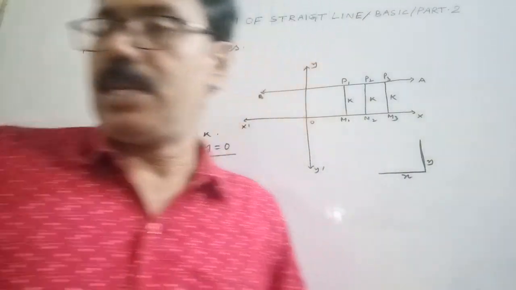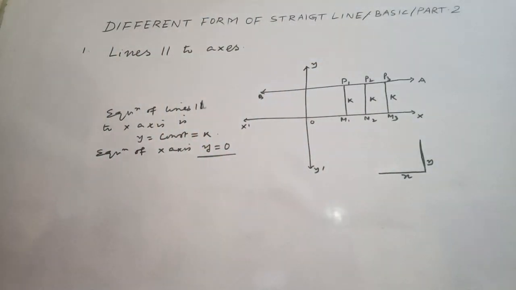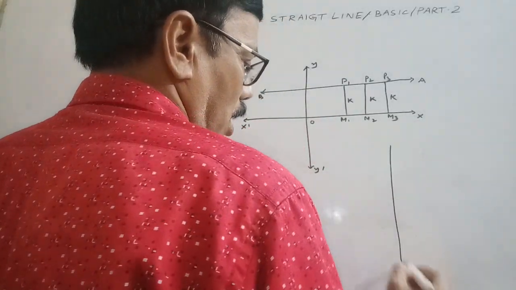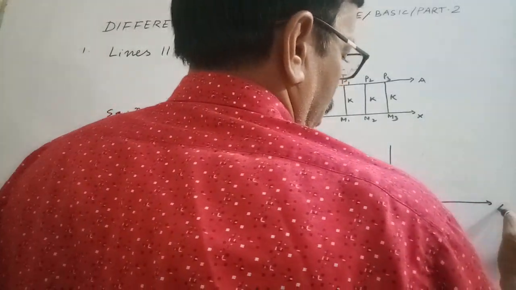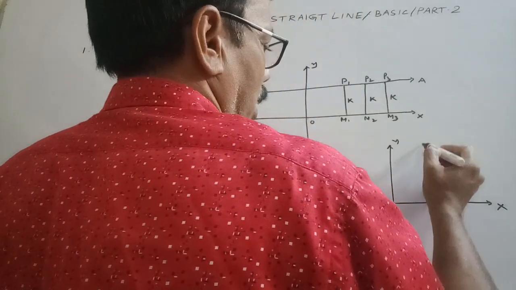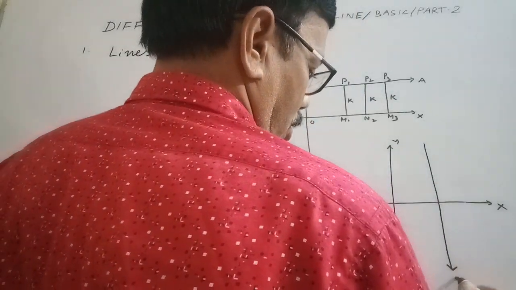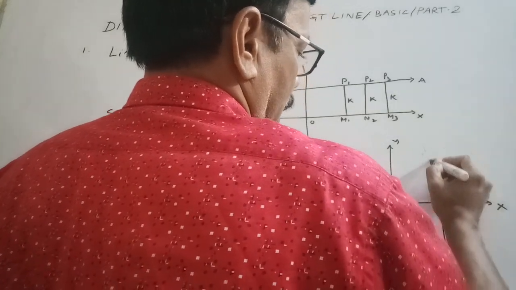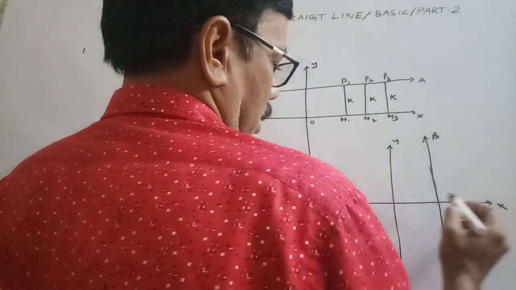Now, similarly, if you draw, this is x-axis, y-axis. Draw a line parallel to y-axis, AB.